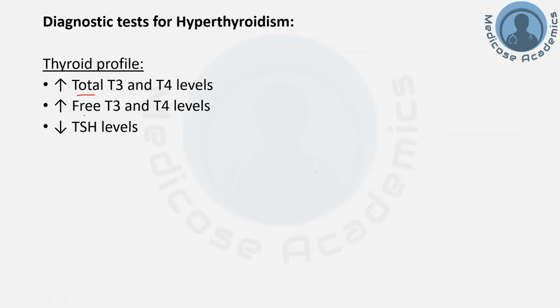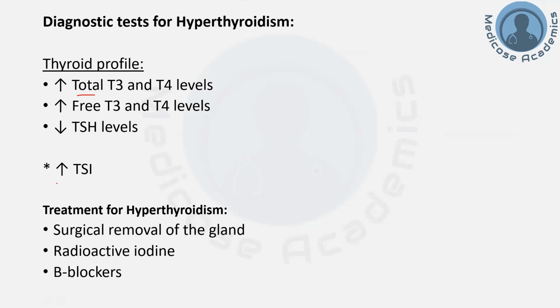Free T3 and T4 levels will obviously be high. However, the TSH levels will be decreased. And you can find the TSI level is increased. So thyroid stimulating immunoglobulins will be increased in Graves' disease in particular, not in all types of hyperthyroidism.